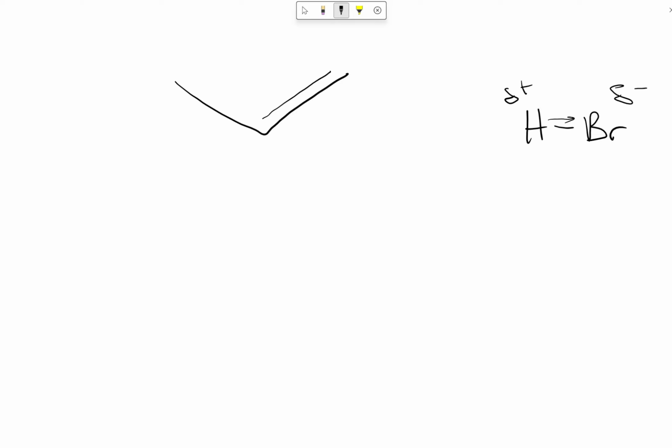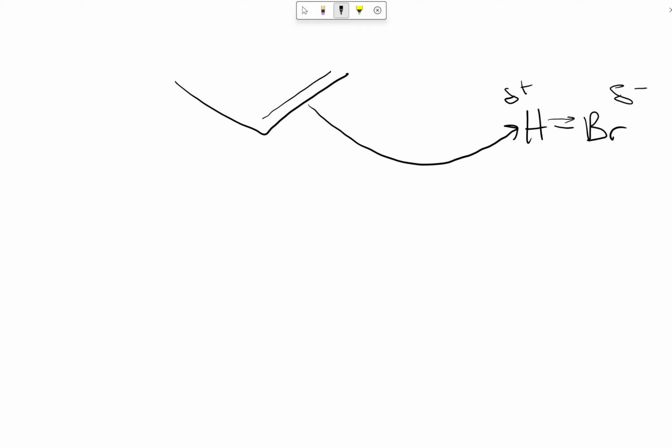If the electrophile, the positive species, interacts with the negative area, we're going to have electrophilic attack. So hydrogen in this case would be the electrophile because it has that slightly positive charge. The electrons in the double bond will be attracted to hydrogen. So that's one pair of electrons going over.